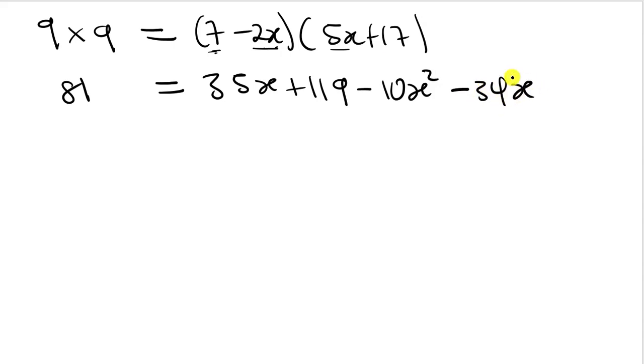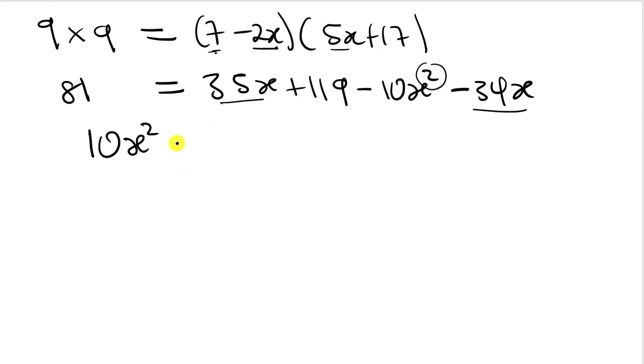So we are going to group like terms. In fact, the highest exponent of x is squared. Therefore, it means that we are having a quadratic equation. Let's rearrange them. We shift the minus 10x squared to the other side, and that gives us positive 10x squared. We have 35x and then minus 34x, and that gives us 1x.